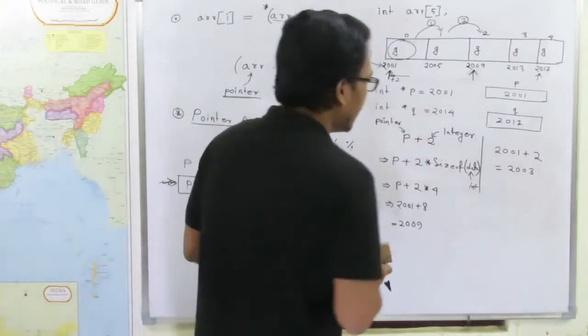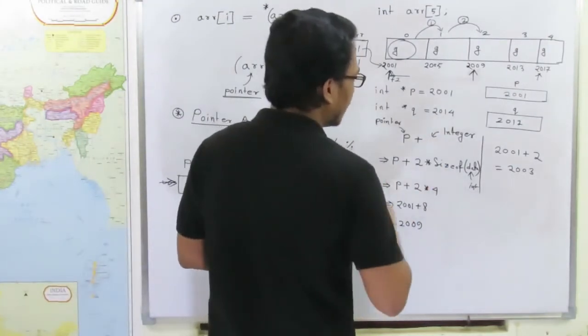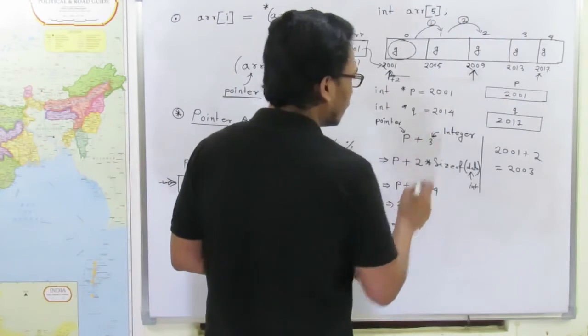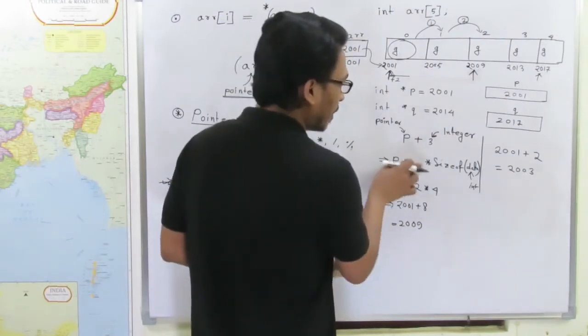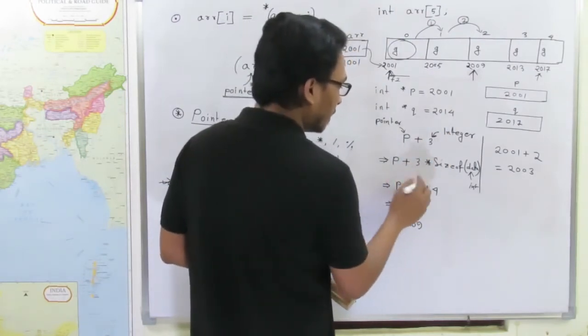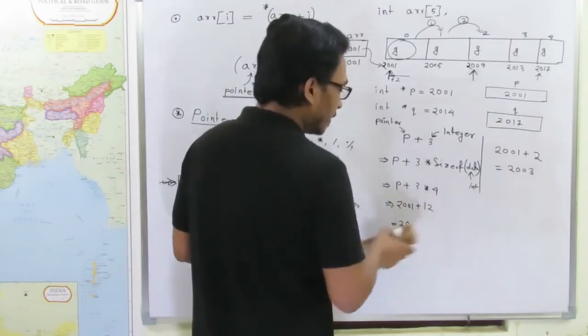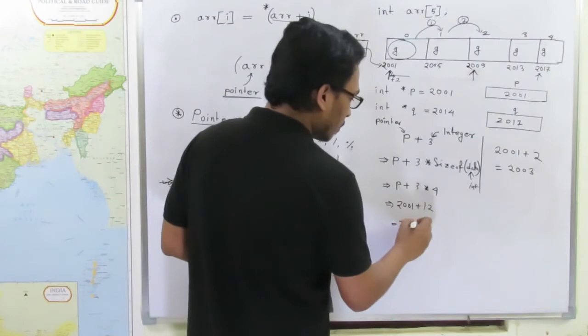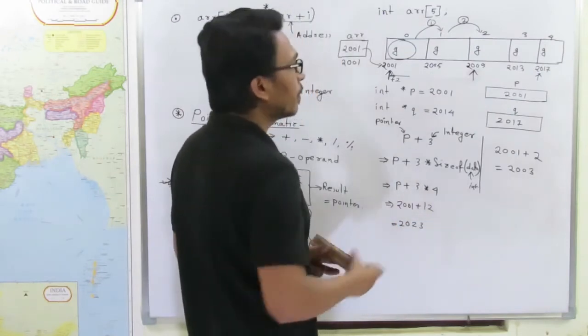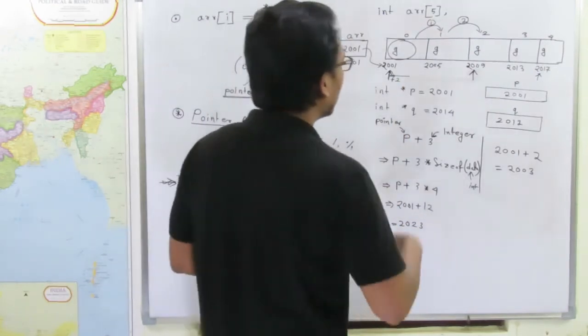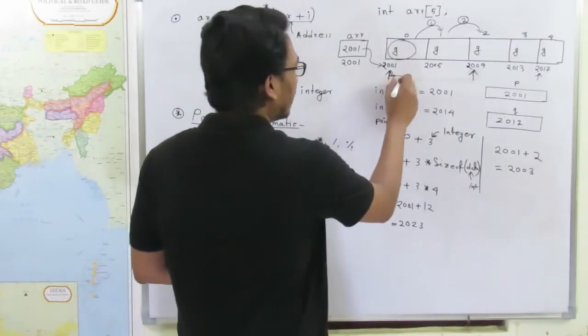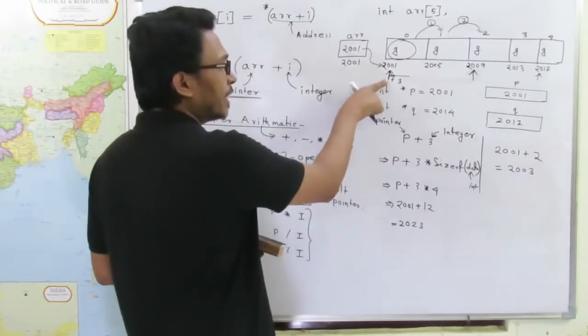Now what happens if we give 3 here? At that time this number will be 3, here it will be 12, so we will get 2013. Now coming to this memory block, here we are adding 3 to this address 2001.